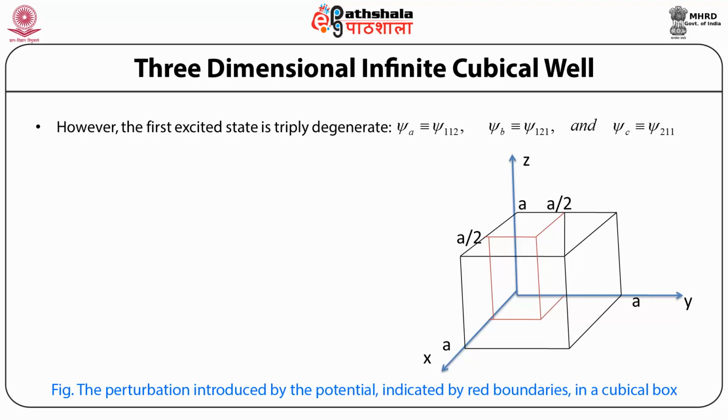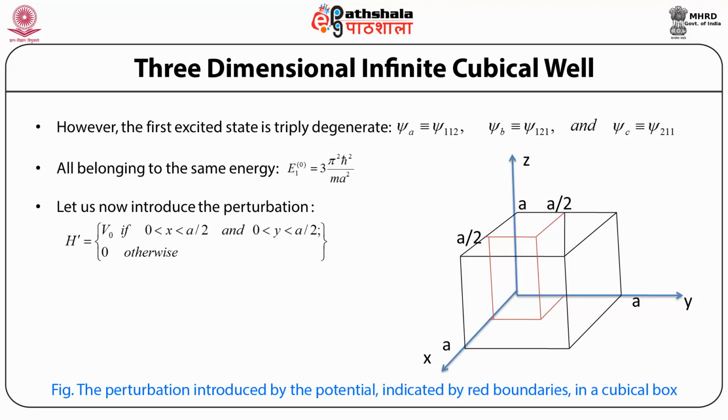Psi A, which is equivalent to psi 112, psi B, which is equivalent to psi 121, and psi C, which is equivalent to psi 211, all belonging to the same energy E10 equals 3 pi square h bar square by m a square.